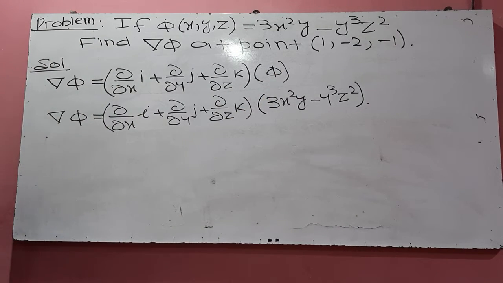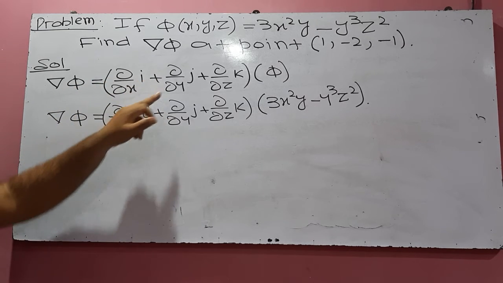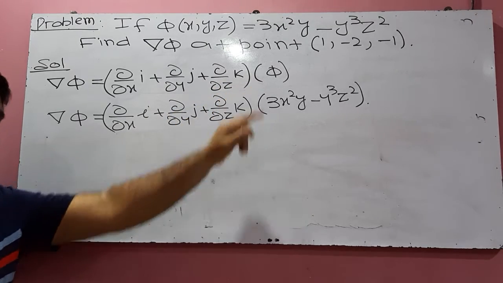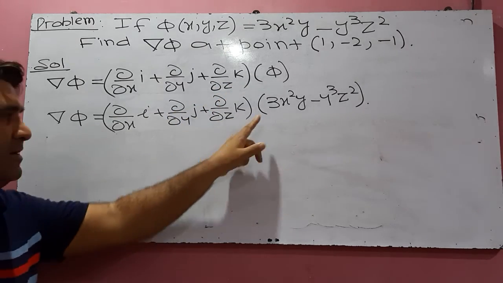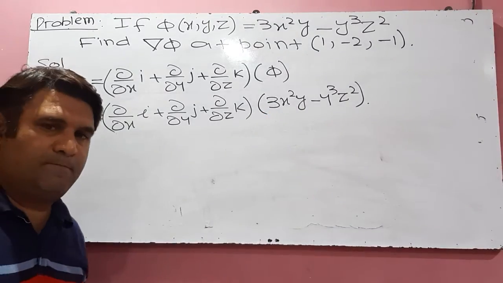Now solution, as we know, the gradient is equal to d over dx i plus d over dy j plus d over dz k into phi. So the value of phi is given: 3x squared y minus y cubed z squared.